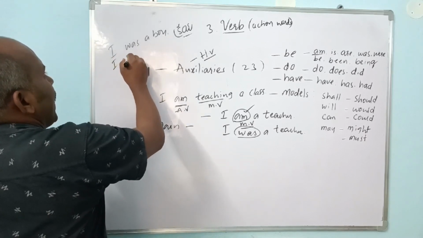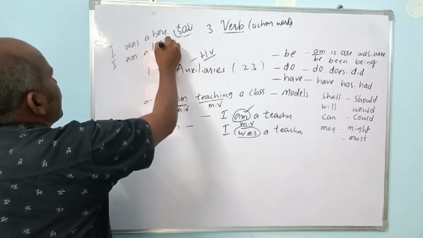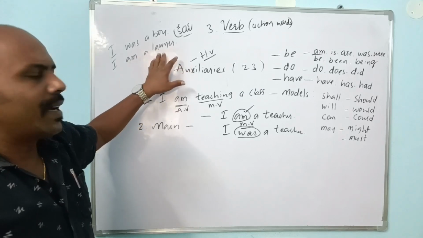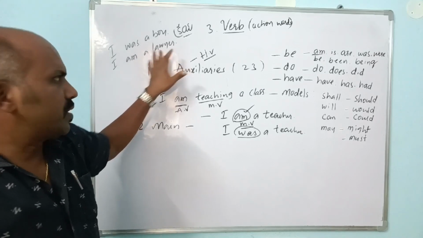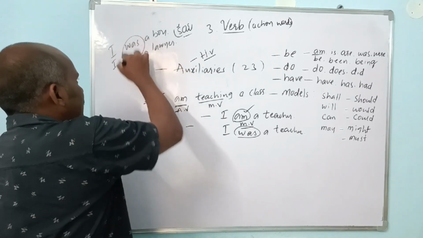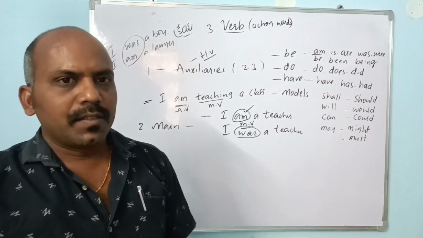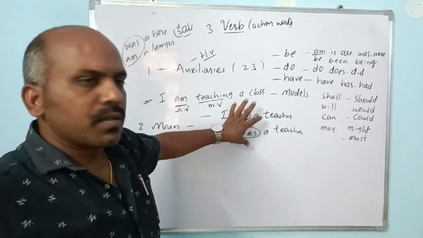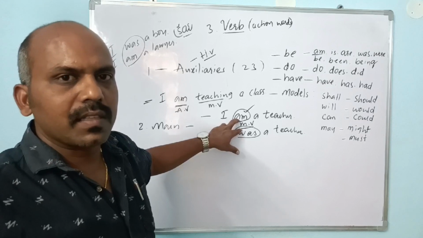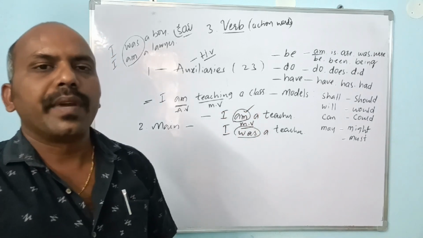And about I am a liar: right now if you are a liar, then you say I am a liar. If you say I was a liar, it is wrong, right? So these also reveal the tense and the time, and these are not auxiliaries here, they reveal the time and the tense, and also play the work of the main verb.